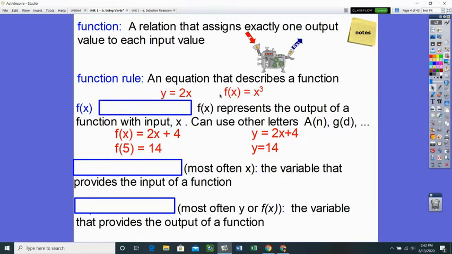Now, let's talk a little bit more about what this is. So you'll notice down here, this thing represents the output of a function with an input of x. You don't have to use these letters. You could use A and an N, a G and a D. So what is this stuff called? Two words. It is called function notation.